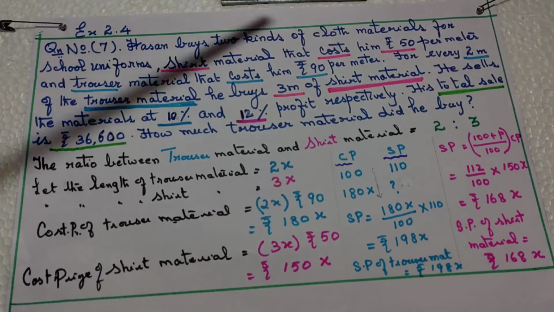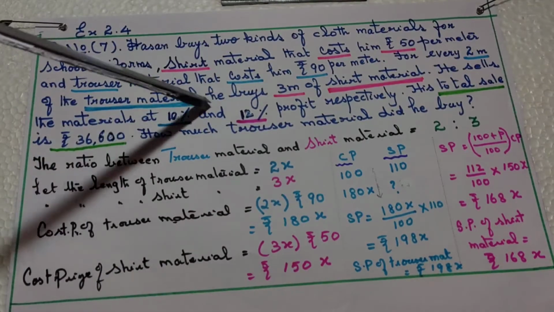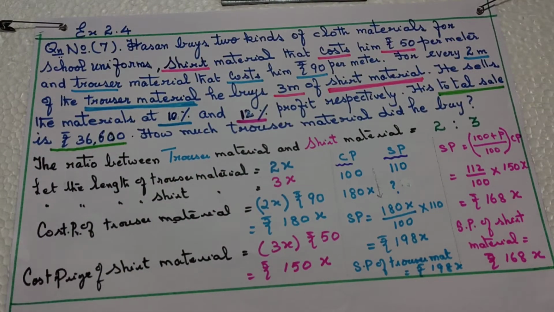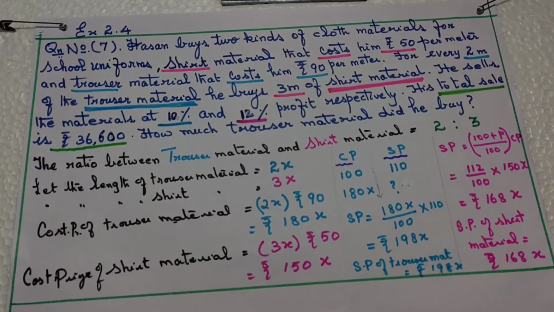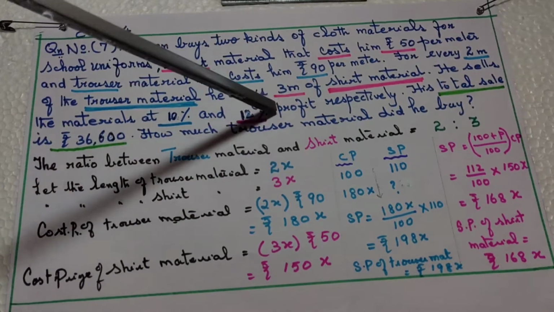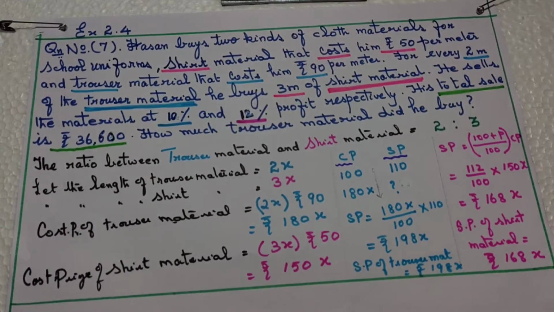For every 2 meter trouser material, he buys 3 meter of shirt material. So 2:3 is the ratio between trouser material and the shirt material. Let me say it as T:S.